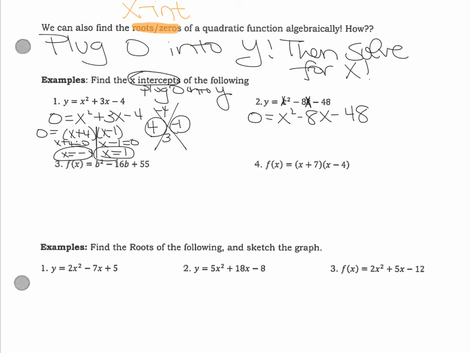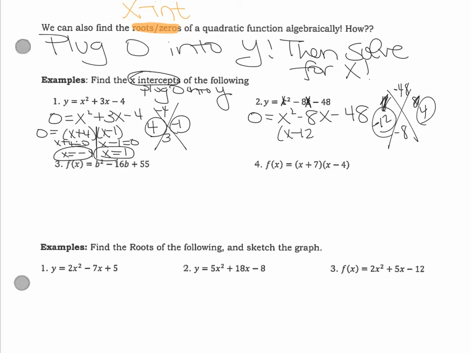First question you ask yourself, is there a GCF? No. X method. -48 goes on the top, -8 goes on the bottom. Factors of -48 that make -8. Well, let's see. 6 and 8 make 48. That's not going to work. 12 and 4. Done.